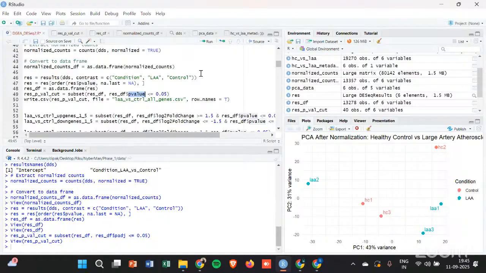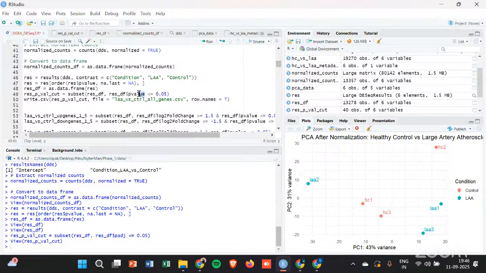But right now we are doing LAA versus control, and I don't know enough biology about atherosclerotic strokes to know whether they are actually pretty close to each other or not. It would seem so, but since I don't know, and I want a biological inference out of my data, I am using p-value.